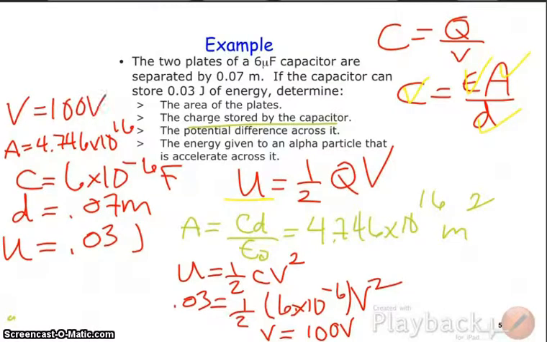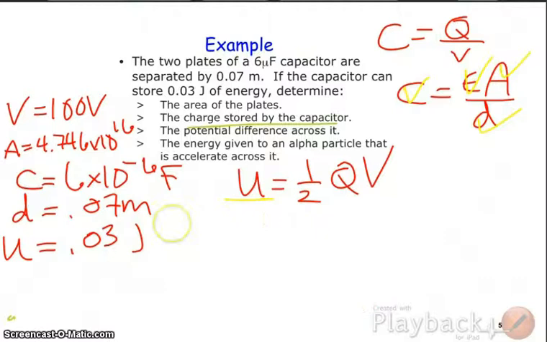Alright, so I'm going to erase so I have space to work on the next part. Now we're looking for Q. We have U, we have V, we can find Q. 0.03 equals 1/2 Q times 100.